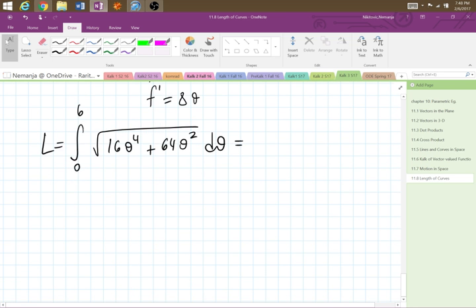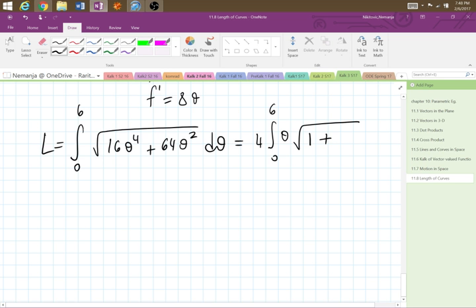Now what? Factor out 16 goes out, and factor out theta squared goes out. So when we factor out 16, it jumps out as 4. And then single theta here. We factor out everything from the first one.